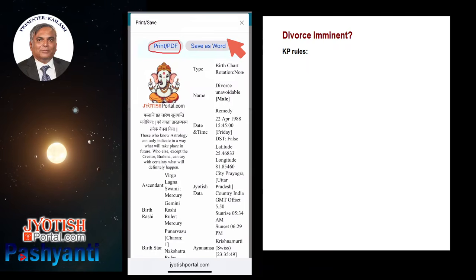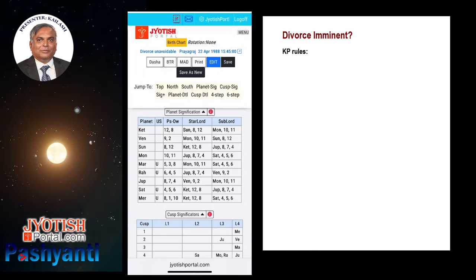So many of you who are more expert on using the phone can make use of this, save as a PDF or a Word file, and then share that Word file through WhatsApp. But I thought that we should have a far simpler solution.